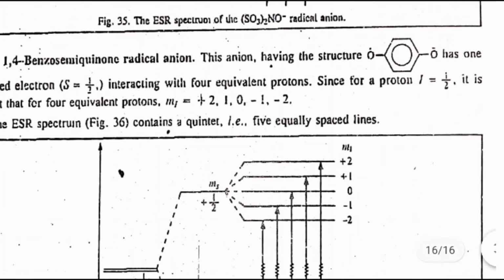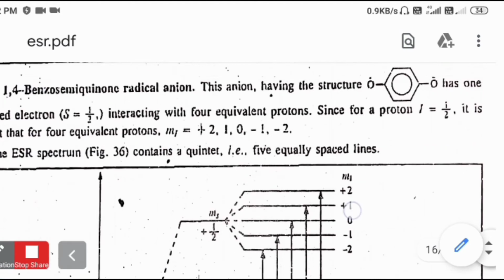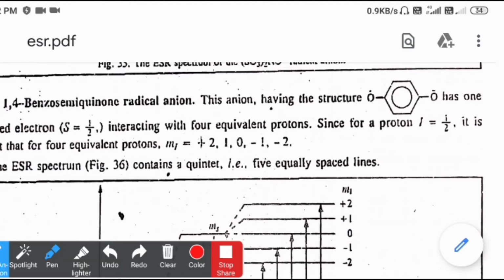The next example is the 1,4-benzo semi-quinone radical. Here again there is one unpaired electron on the oxygen, so it acts as a radical. It has one unpaired electron which will interact with four equivalent protons.